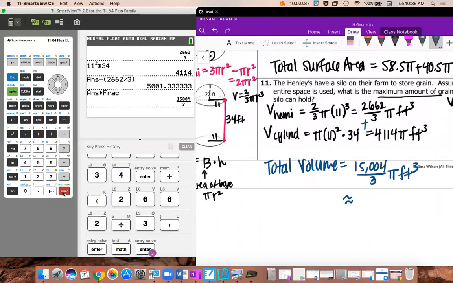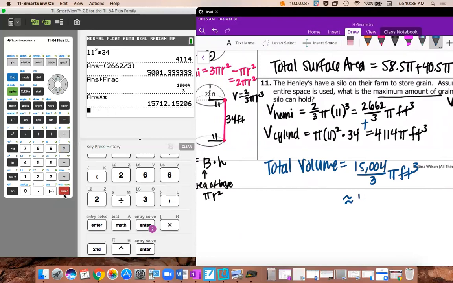And then that's kind of ugly, so let's just multiply our pi in and get an estimate. So that's going to be about 15,712.15 feet cubed of volume. So that's how much your silo is going to be able to hold.